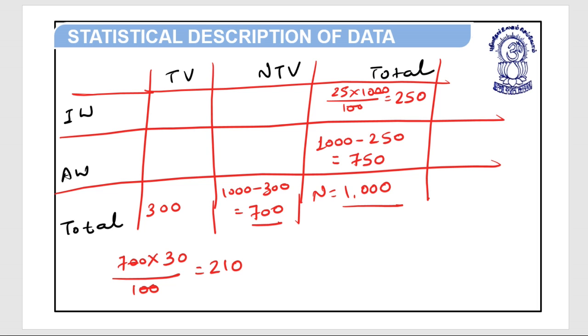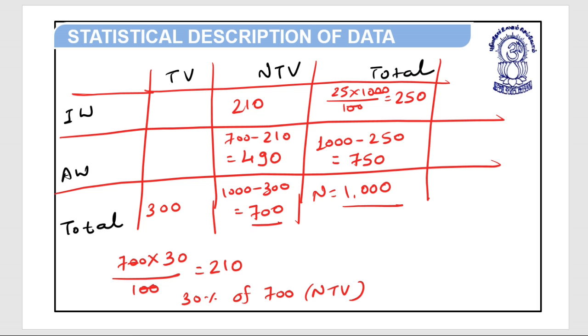So 30% of 700 not watching TV, 210 industrial workers not watching the TV. So 700 minus 210 is equal to 490. Okay.